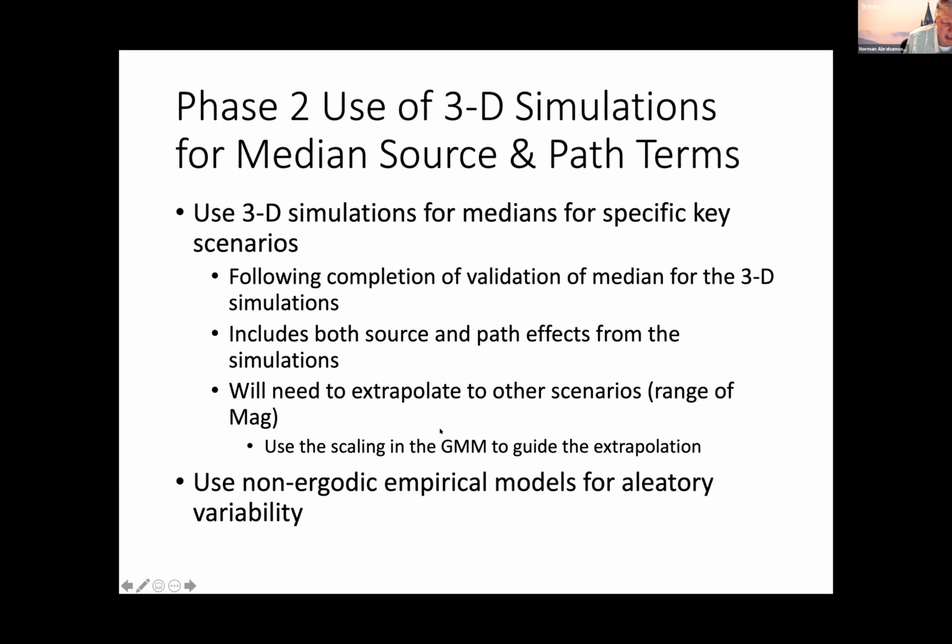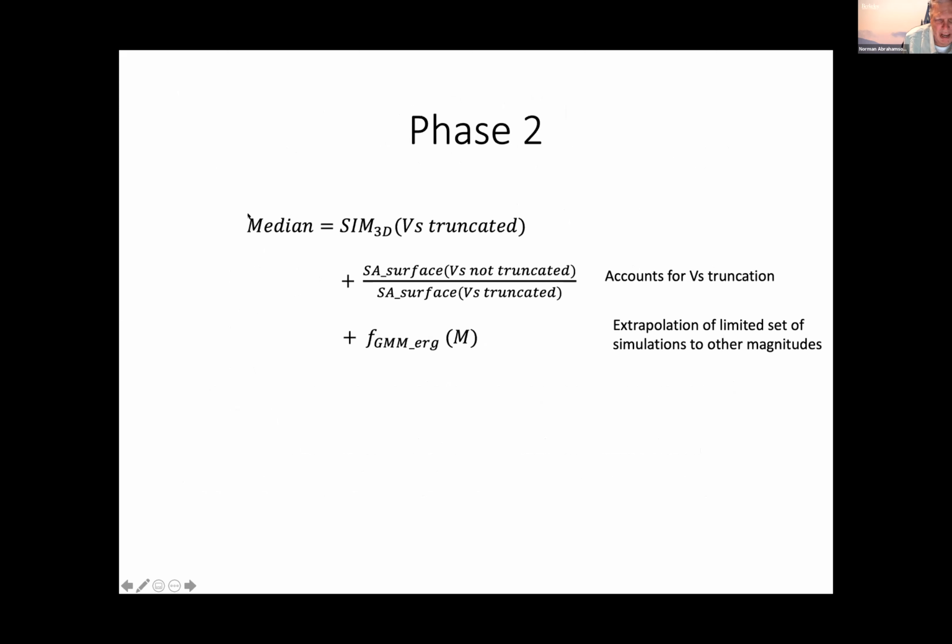And we're still using the empirical models for the aleatory variability. So this is all feasible if we can get to having the validations really complete, and we say the medians from both the source and path are unbiased. So in this, we have our simulated from our VS truncated profile, and then all we need to do is put in our correction for the truncation part, right, for the profile.